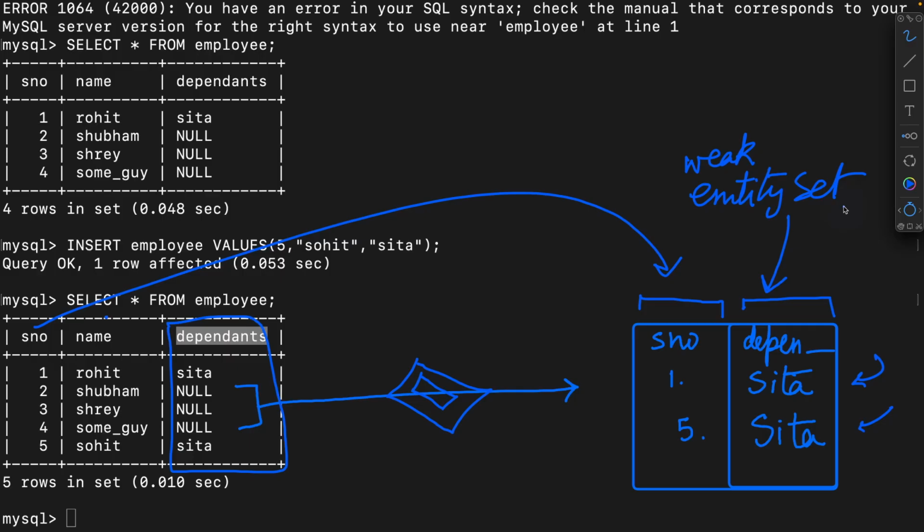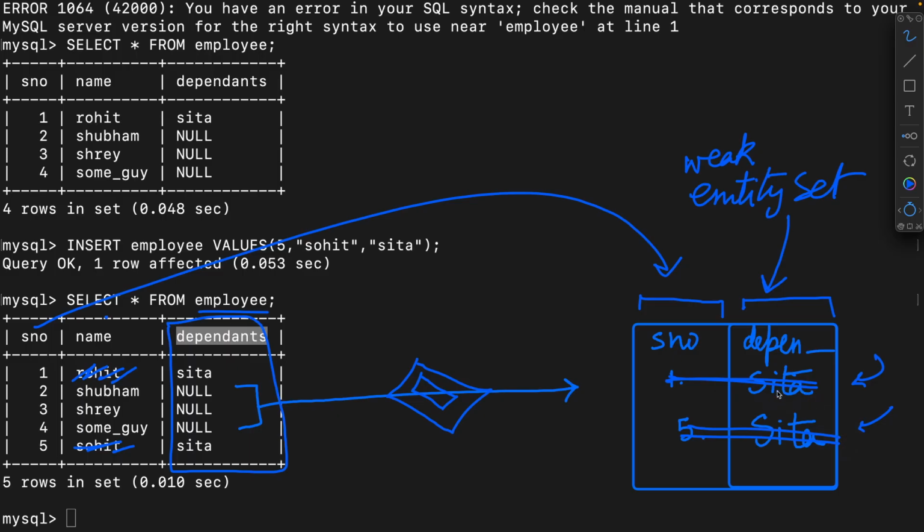And now the point is that the concept of weak entity sets is only present in the database so long as the employee data is actually present in the database. Suppose, for instance, that Rohit leaves the organization, right? So this entry is going to be removed, right? Now, suppose, for instance, that Sohit also leaves the organization. Now, this entry is also going to be removed, right?